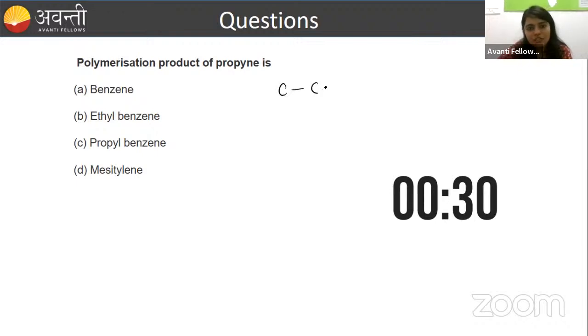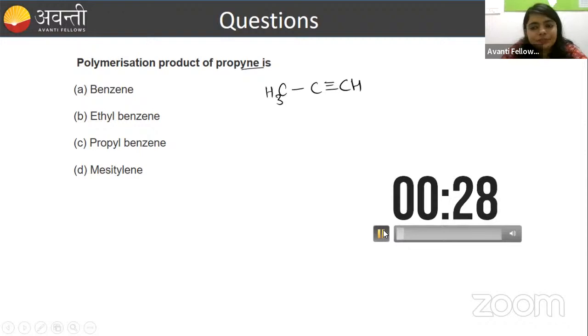Propyne means 3 carbon chain, and yne means there is a triple bond between 2 carbons, and we have to fill the valencies. So this will be your propyne. You need to polymerize this propyne. Okay, so what you will get, I am giving some time to you guys. Answer it in the chat box.